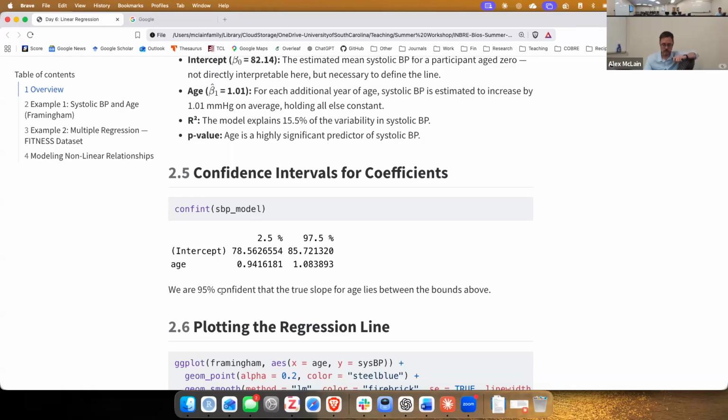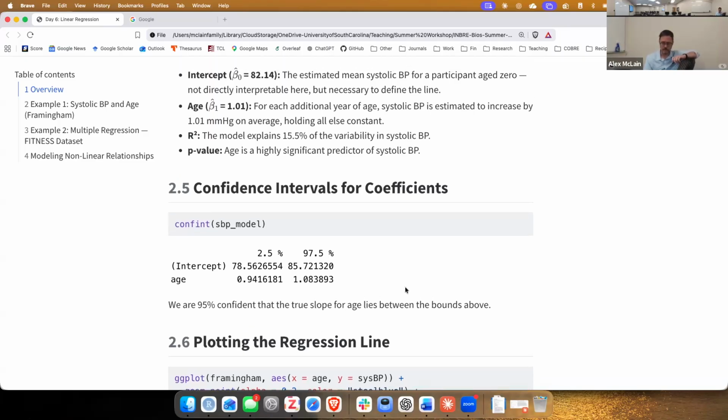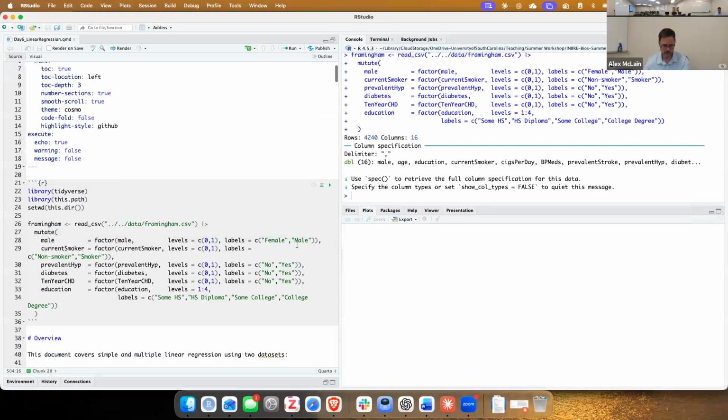So we're 95% confident that the true slope for age is at least 0.94 and at most 1.08 here. So that's nice. We can get our confidence intervals for that. By default, it's going to give us a 95% confidence interval, but we could get other confidence intervals for that.